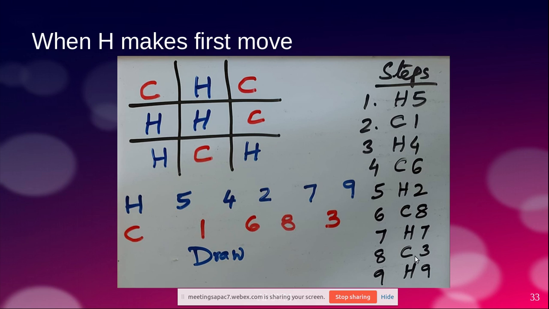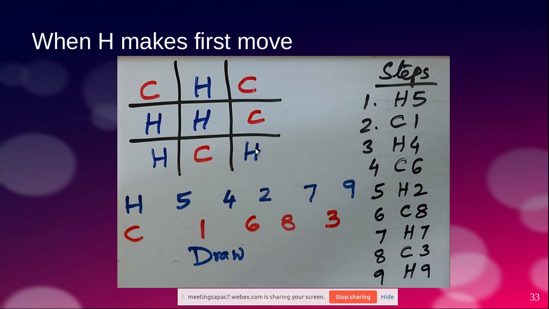And then the human selected the seventh cell, maybe thinking that this diagonal will be helpful, but the computer will select cell number 3 and definitely will not allow it. Finally this ninth cell was left blank. So you can ask the human to select the ninth cell, or you can leave this blank and say nothing is possible.